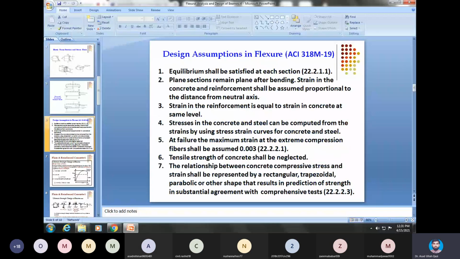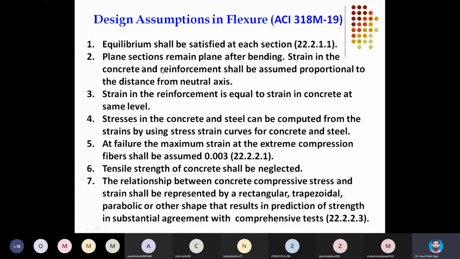So the second assumption is plane sections remain plane after bending, and strain in the concrete and reinforcement shall be assumed proportional to the distance from the neutral axis.